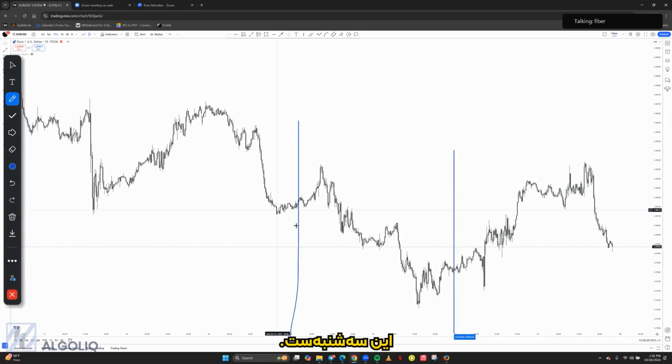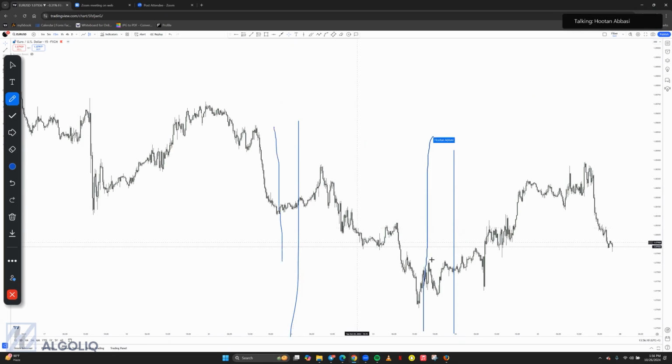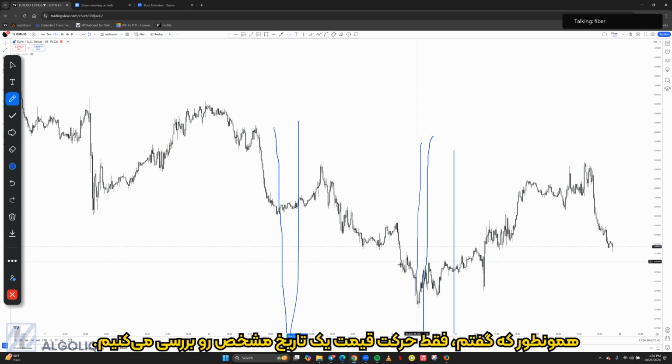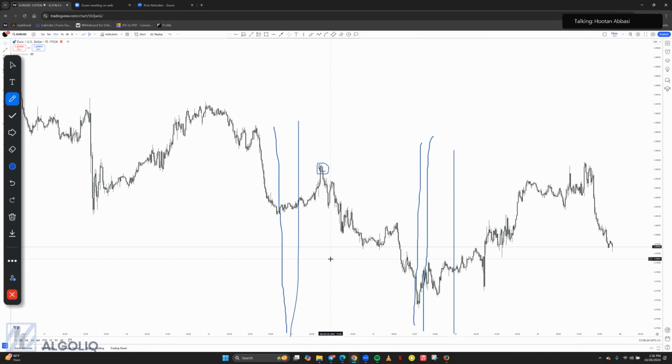This is Tuesday last week. Like I said, we're only going to backtest a certain day's price action. Yeah, this is Tuesday.